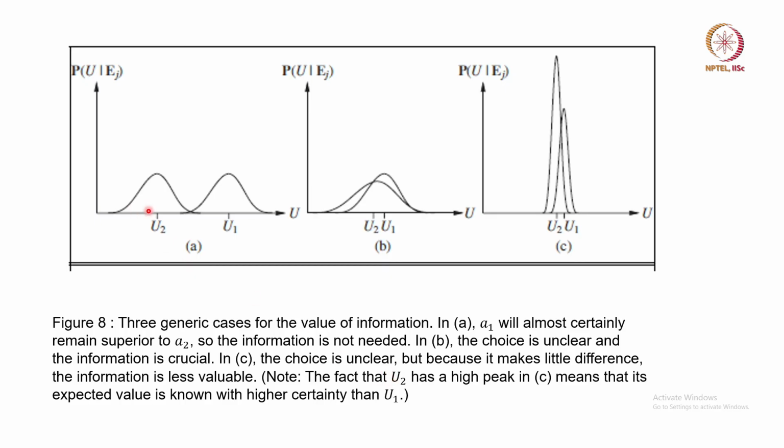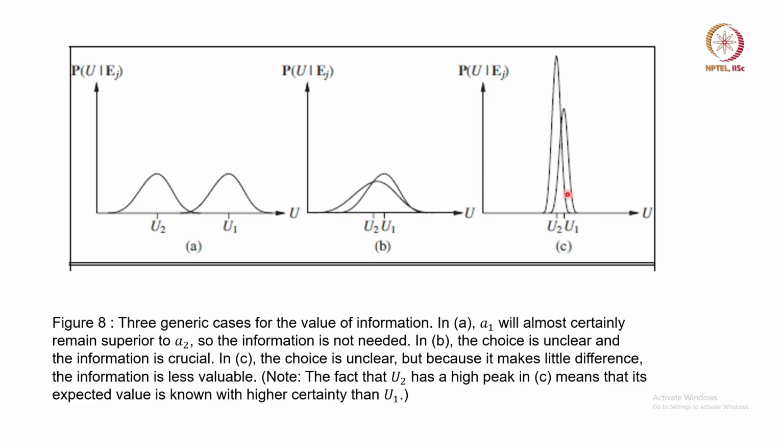So here, if you take these three cases, you find U1 and U2 are the two utilities, and you find A1 will almost certainly remain superior to A2. So the information may not be needed. Whereas here, even though choice A1 is better than choice A2, it's possible that the choice may be unclear, right?